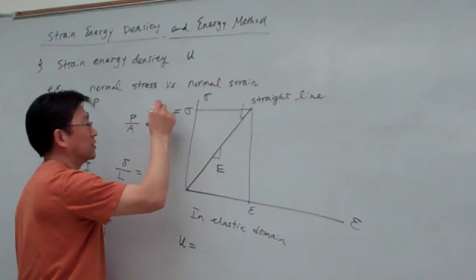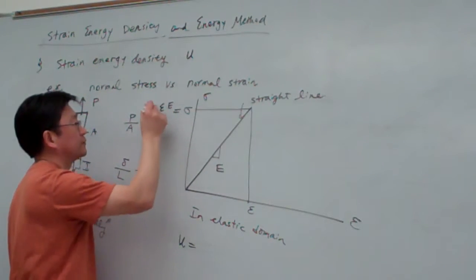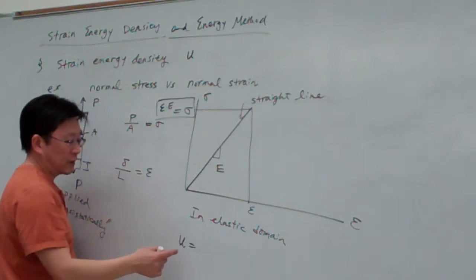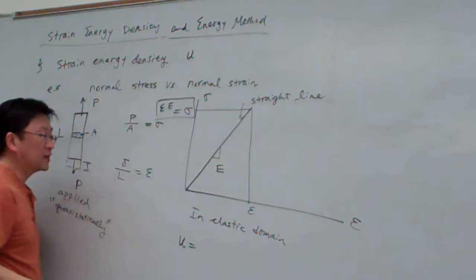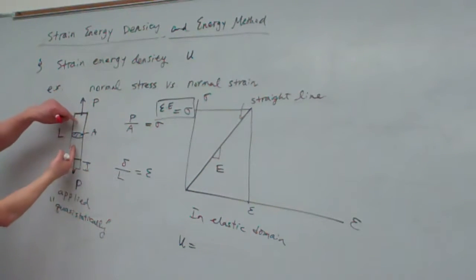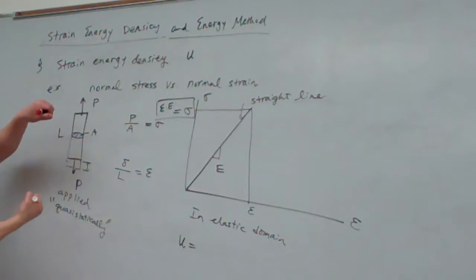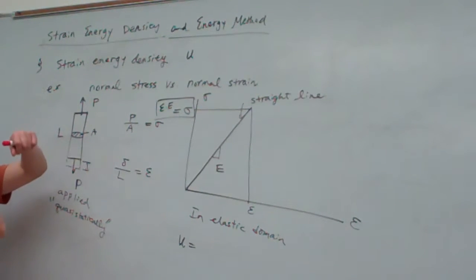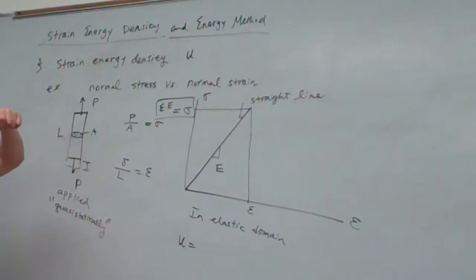So stress equals epsilon times E. That means we apply the loading and this elastic object is deformed, just like a rubber ring or spring. When we deform it, there is energy stored there, and we call it the strain energy density.